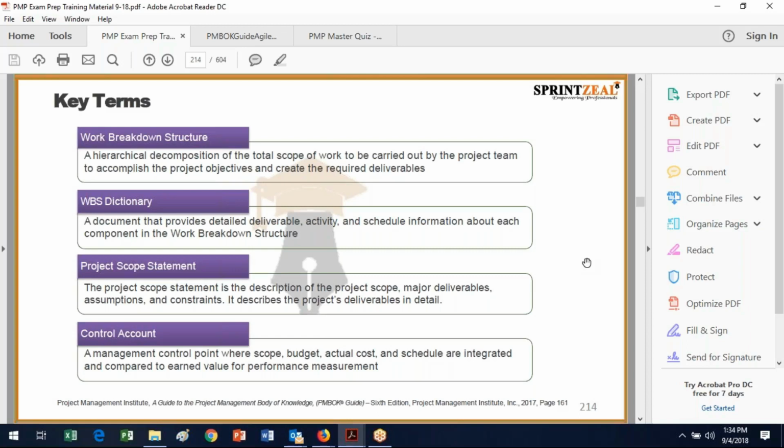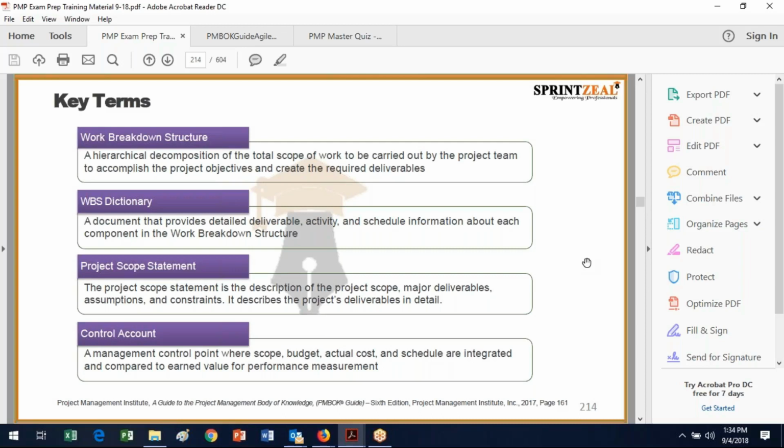What resources, where in the schedule it fits, predecessors, successors, and so on. And then the project scope statement, especially the major assumptions and constraints, and project deliverables in detail, and then the control account.